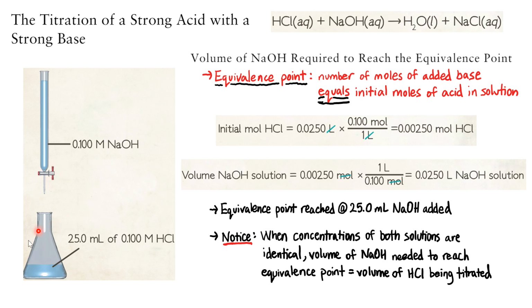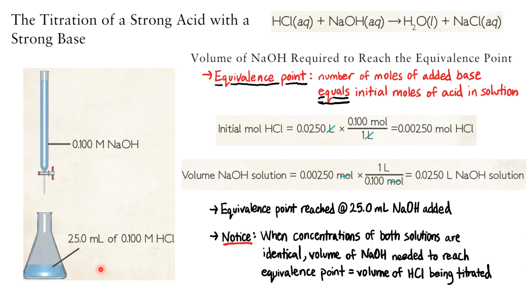I have a 25 milliliter solution of 0.100 molar HCl. Okay. And I know the concentration of the base that I'm adding to neutralize it. Now, in this case, we know the concentrations of each, right? The question is, how much of this do we need to neutralize all of the acid?